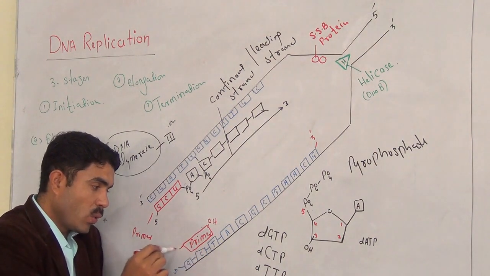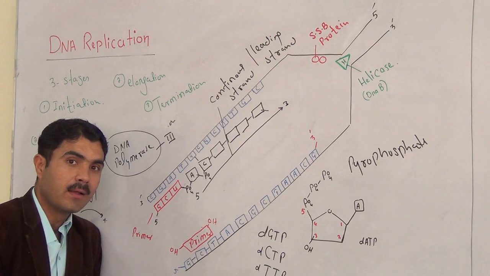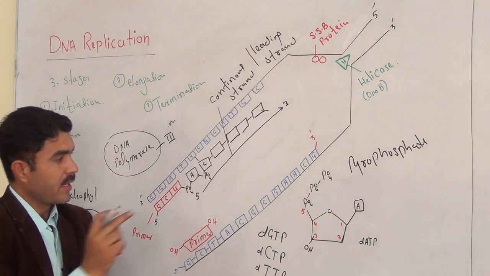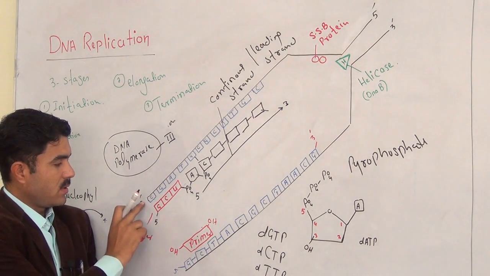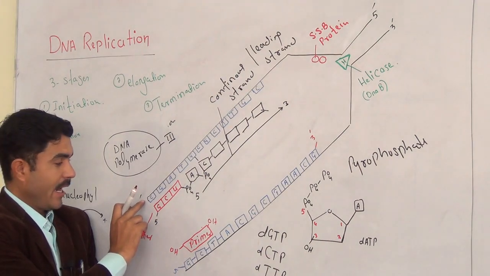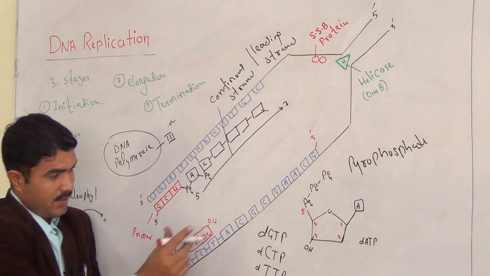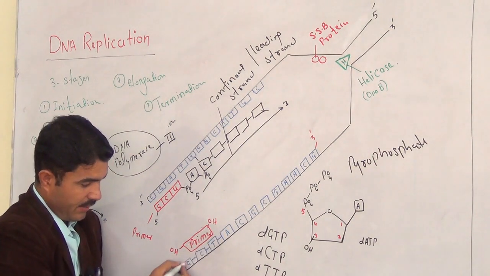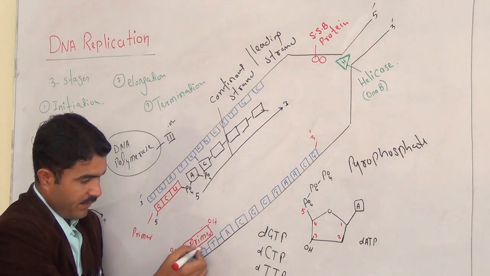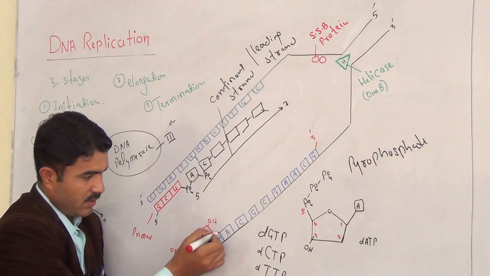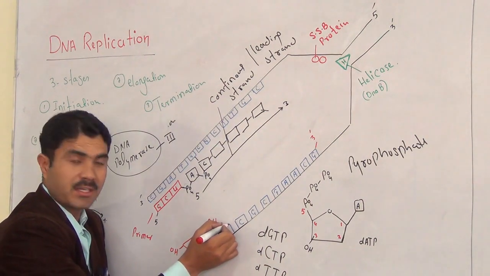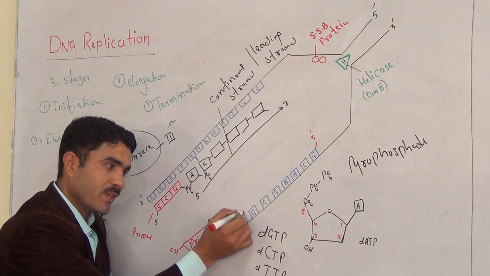Or you will place the OH here. Where? I already told you that as the OH was at the opposite side of 5, so 3 will be here. If this is 5, this is 3 end.